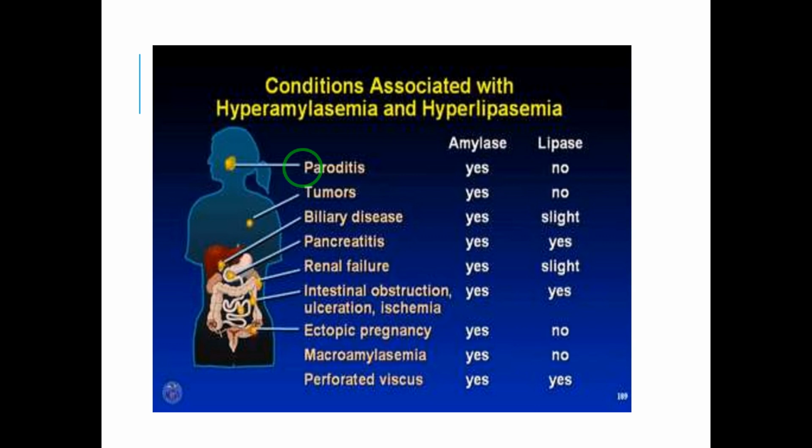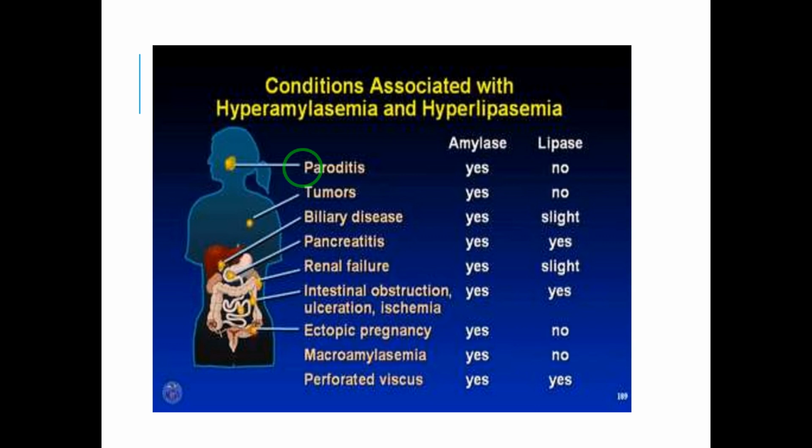So, when does it increase? Usually the enzyme increases when there is destruction of cells that contain a high concentration of the enzyme. With inflammation of any cell, the enzyme, which is usually found inside the cell, is released from inside the cell to the circulation when the cell wall is destroyed.